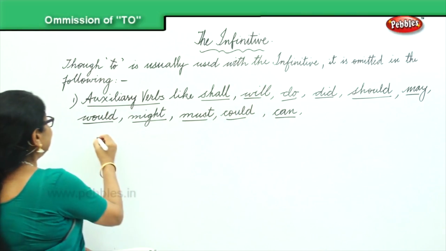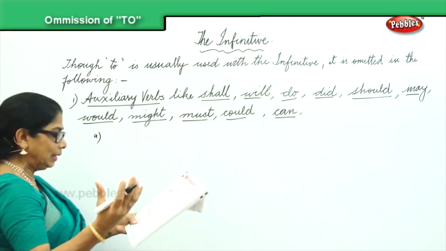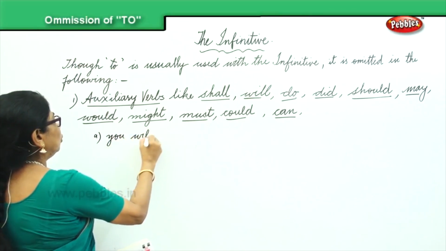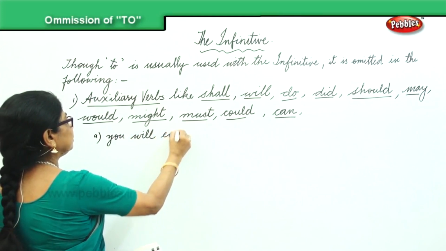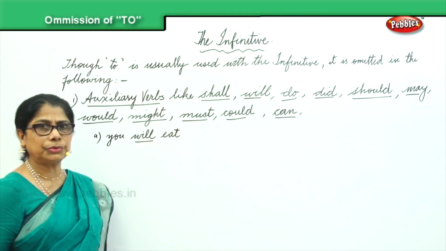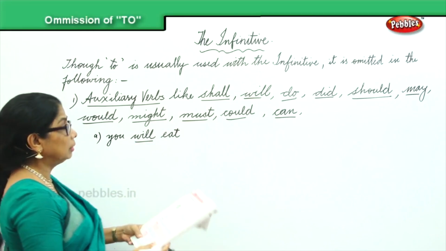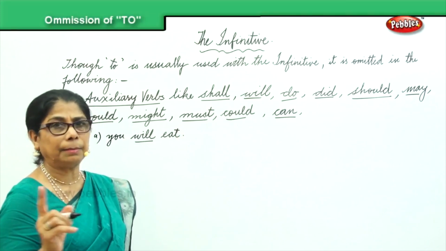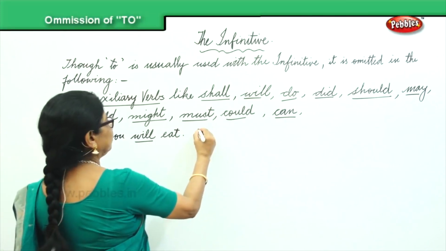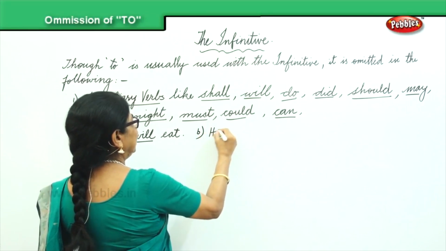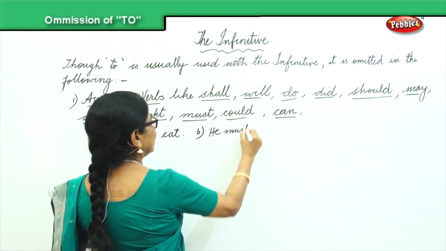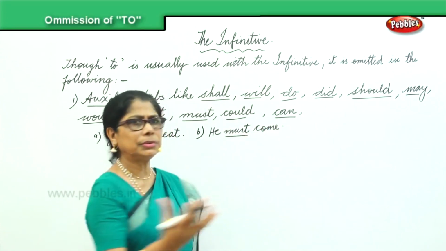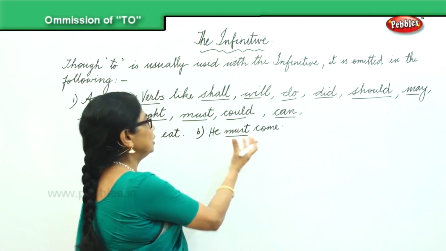Then you will say, you will eat. No to is used. Or you are talking about must. Then we will say, he must come. But we don't use to with must.